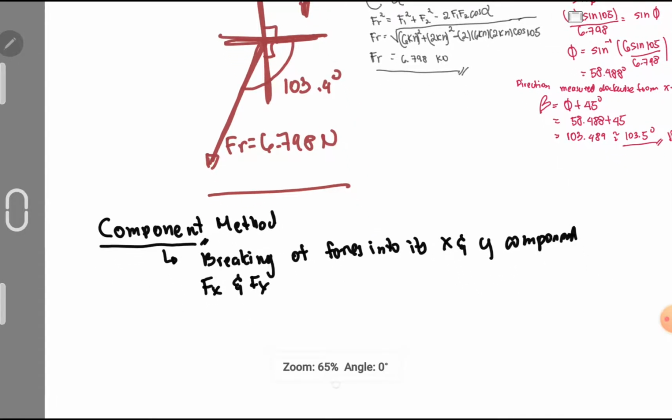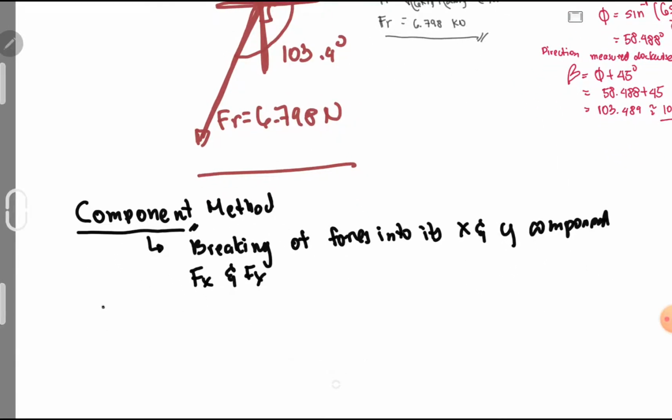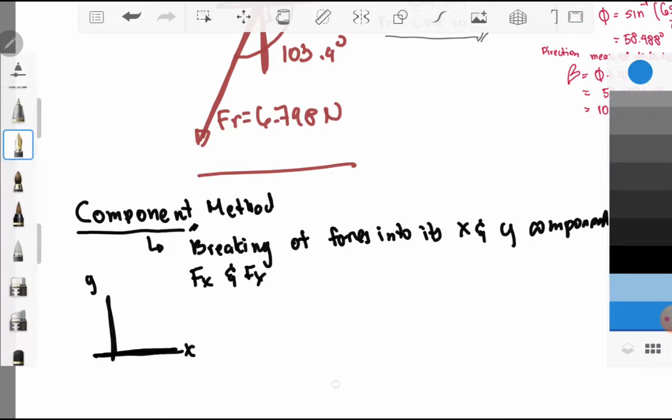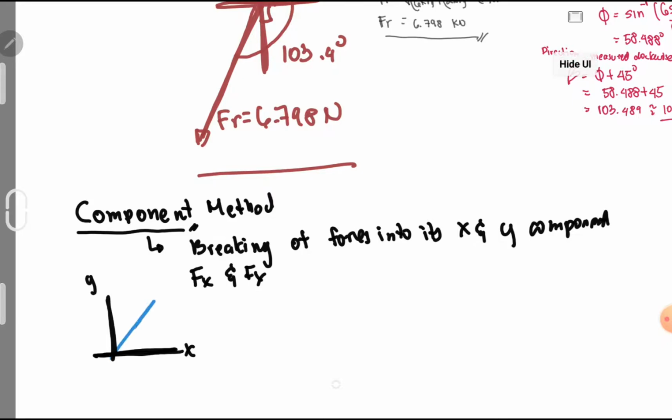So when you talk about a component method, let's say I have a force in my y and x plane. So let's say this is a force of 5 Newton, 30 degrees.